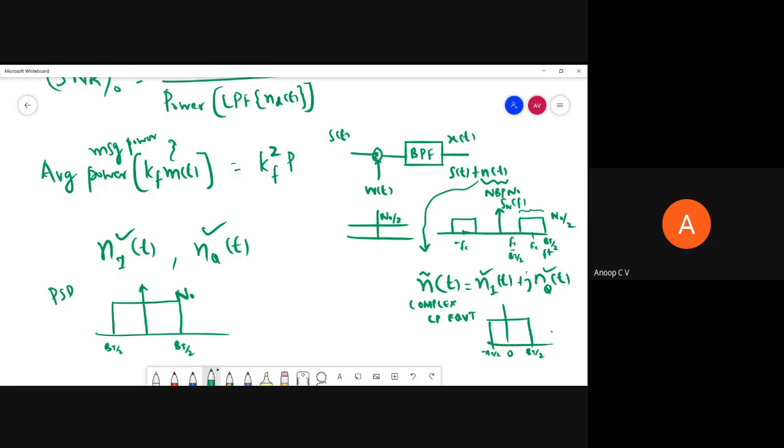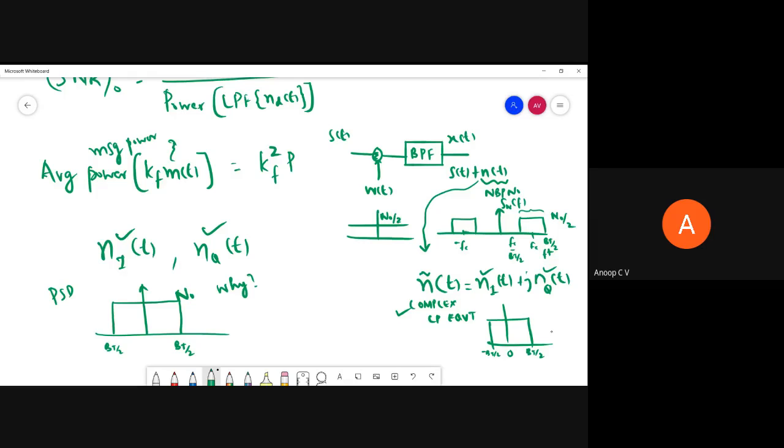If you ask me why, the answer lies in the complex equivalent representation. We have done a detailed video on that, on how the complex low pass equivalent of a band pass signal can be obtained, along with the Hilbert transform and its properties. If you want to know more, you can watch that video, but it's not exactly required for our discussion.